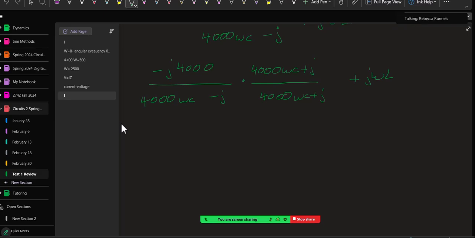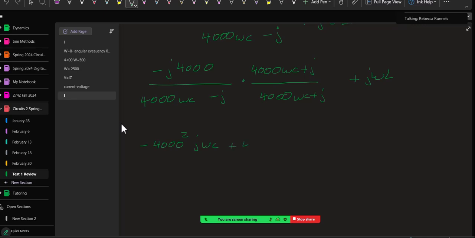So that is minus 4,000 squared j omega C. And then j times j is negative 1.